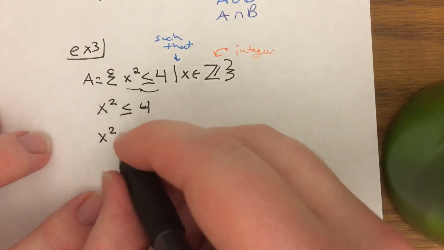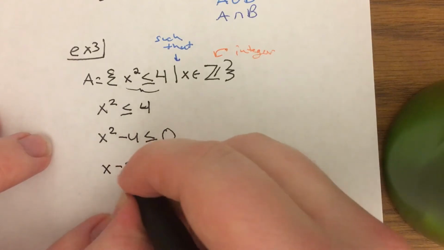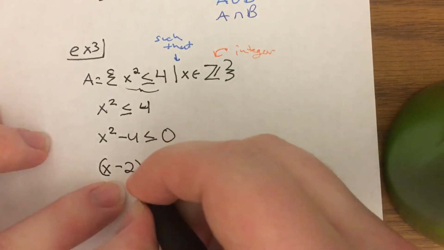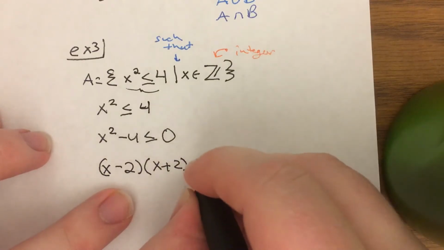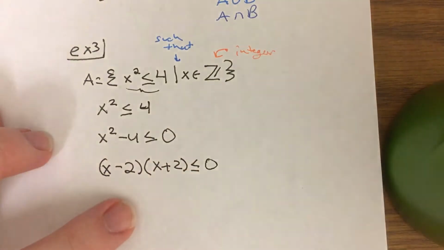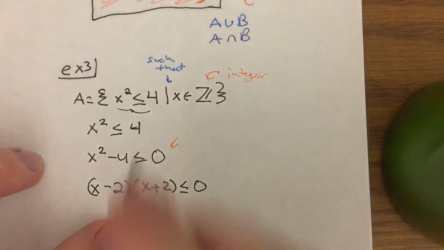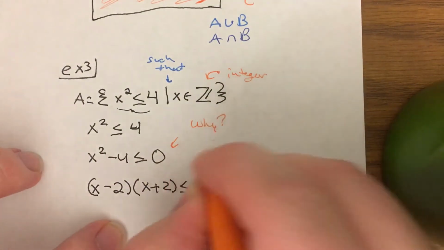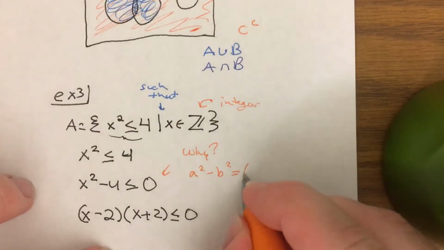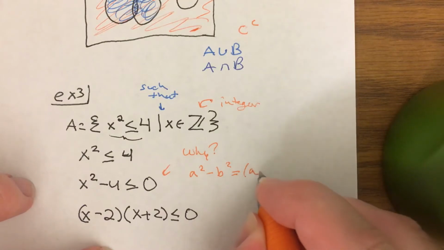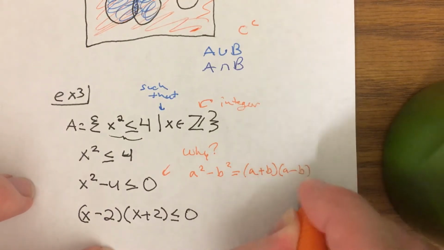So this, if you remember your factoring days, factors out into x minus 2 and x plus 2, because a squared minus b squared is equal to a plus b times a minus b.